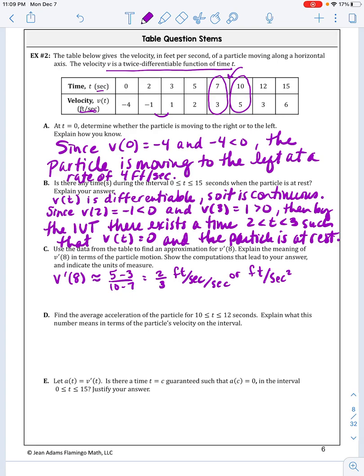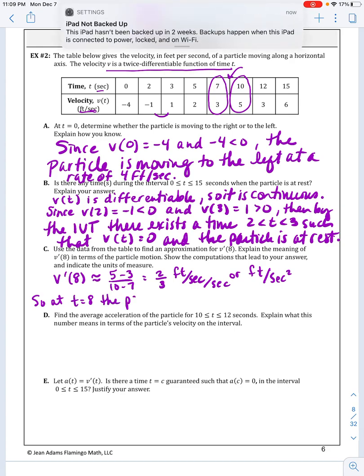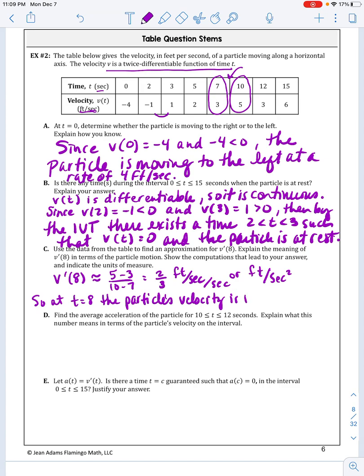And we're going to say, at t equals 8, the particle's velocity is increasing about 2 feet per 3 seconds squared.